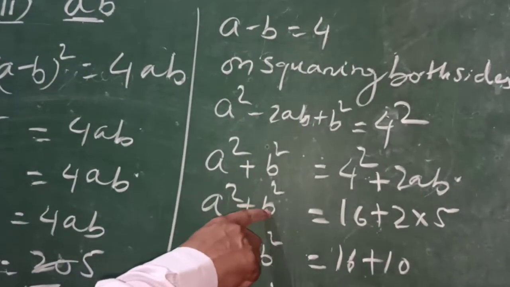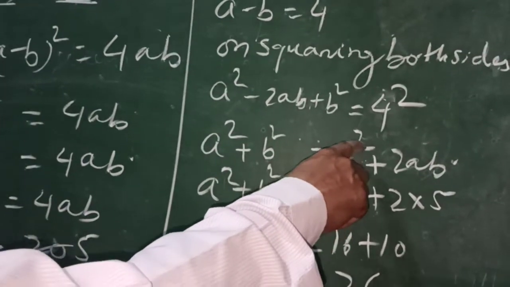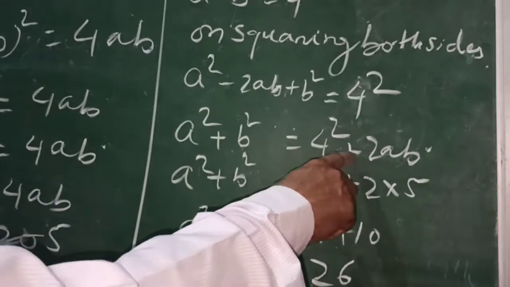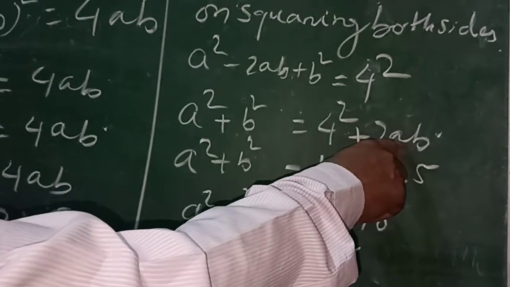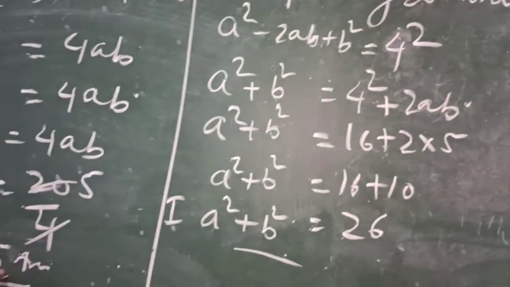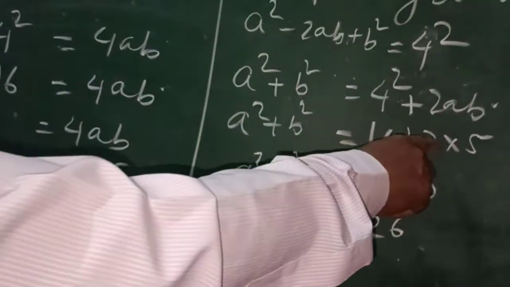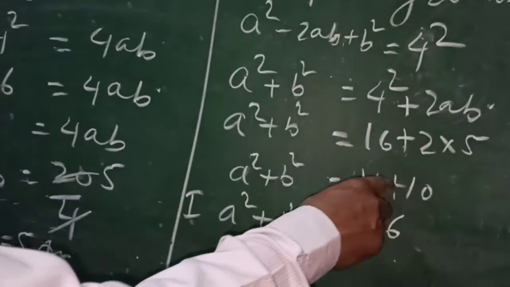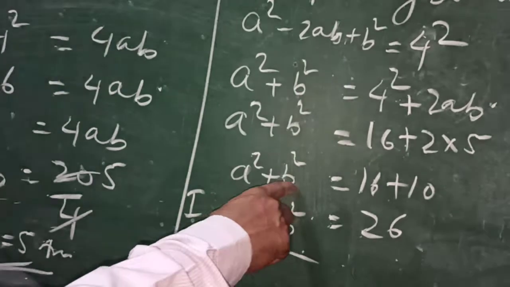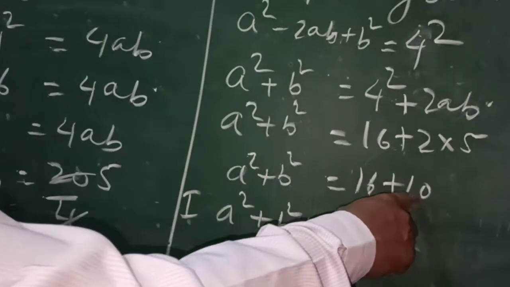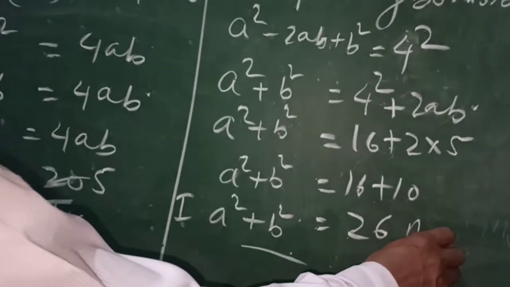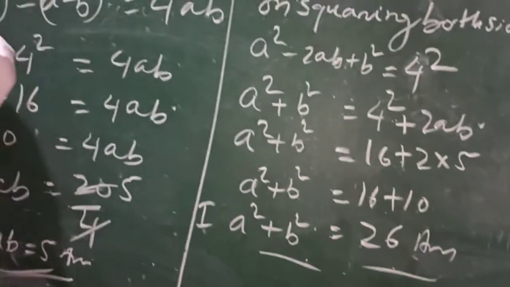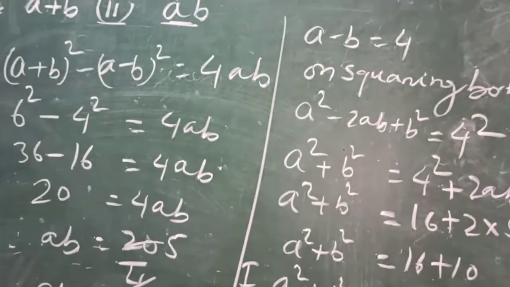A square plus b square is equal to 4 square is equal to 16 plus 2 into, in place of ab put here 5. 2 into 5 is 10. A square plus b square is equal to 16 plus 10 is equal to 26. This is the answer of question number first given in the question.